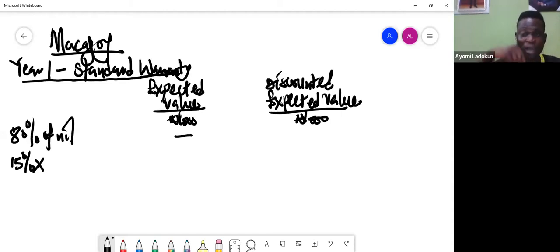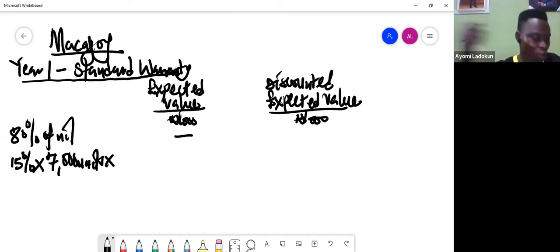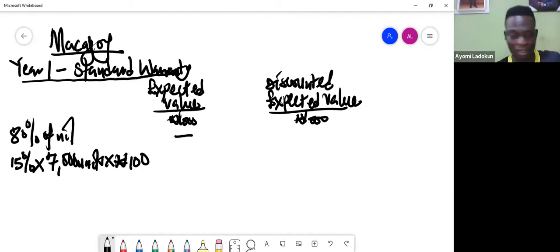Remember we're in year 1, that means we sold everything in year 1. So 7,000 units was sold. Then you say 15% have minor defects. If they return it, how much will I incur? That's my cost. So I'll now go to minor defects. They gave us 100 Naira for minor defects. I already gave you the formula, so that's what you're doing.